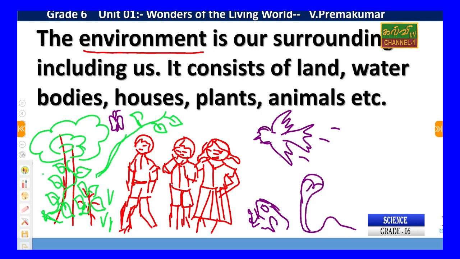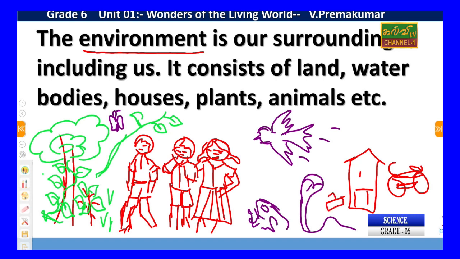Sometimes there is a small cottage or house. Then there are vehicles such as a cycle, motorbike or car. What we would like to say is that our environment means around us.